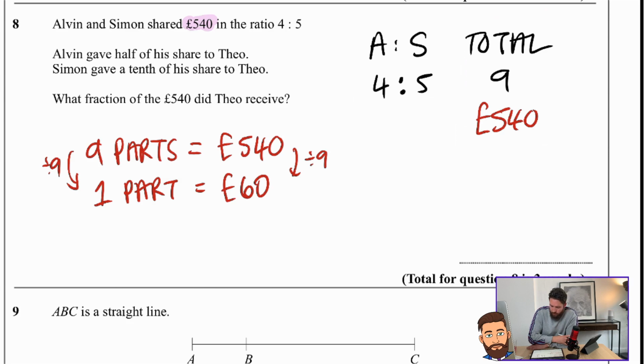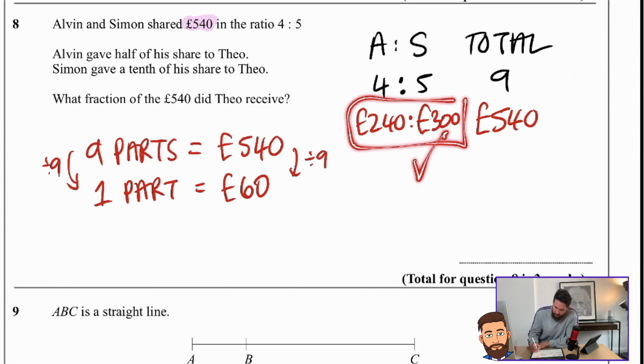If that's £60, 1 part, that means Alvin gets 4 lots of £60, which would be 240. And Simon is going to get 5 lots of 60, which is 300. Again, it's obvious we've got it right, because these two add to make the total we were given.